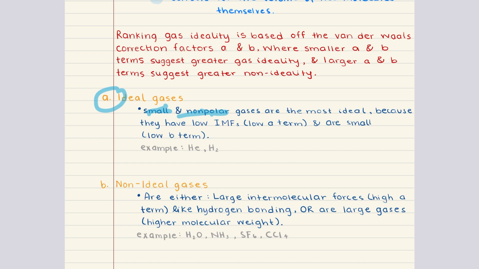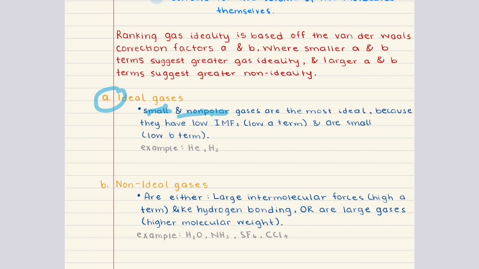Some great examples of ideal-like gases include helium and hydrogen gas. Helium atoms are very small and they don't stick together at all, making them nearly ideal. And then hydrogen molecules, they're also small and they're nonpolar, meaning they have minimal attractive forces.